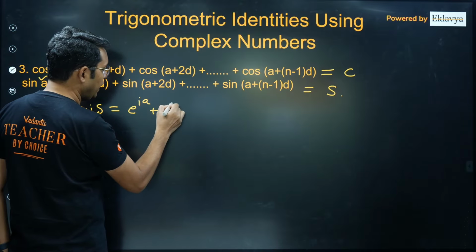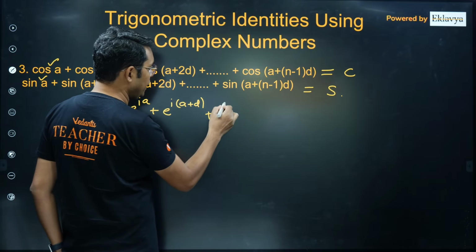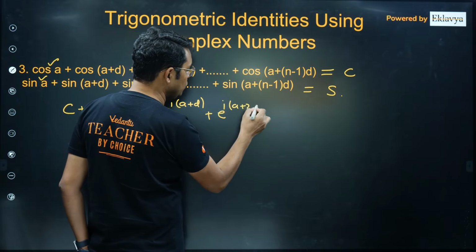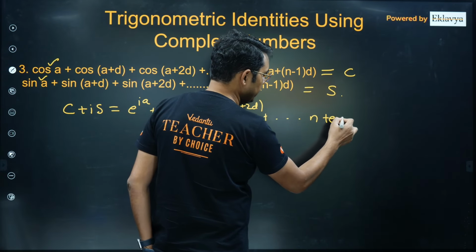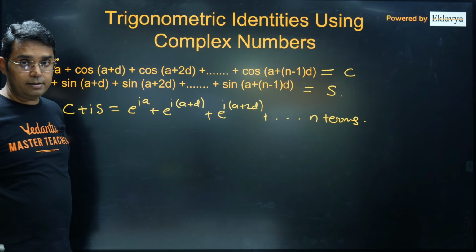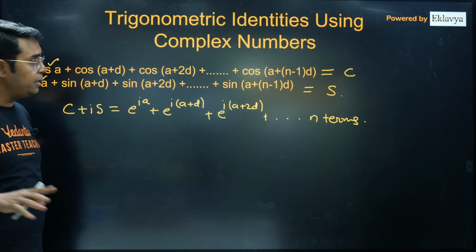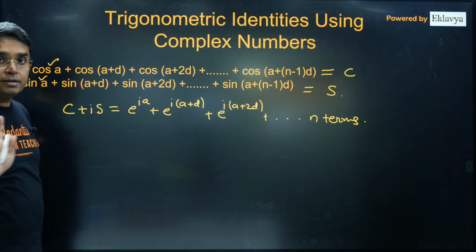Then e power iota a plus d, e power iota a plus 2d, and so on. There will be total n terms. By the way, the result of these two series is a must. You should remember it, because there have been questions based on this thing in exam.